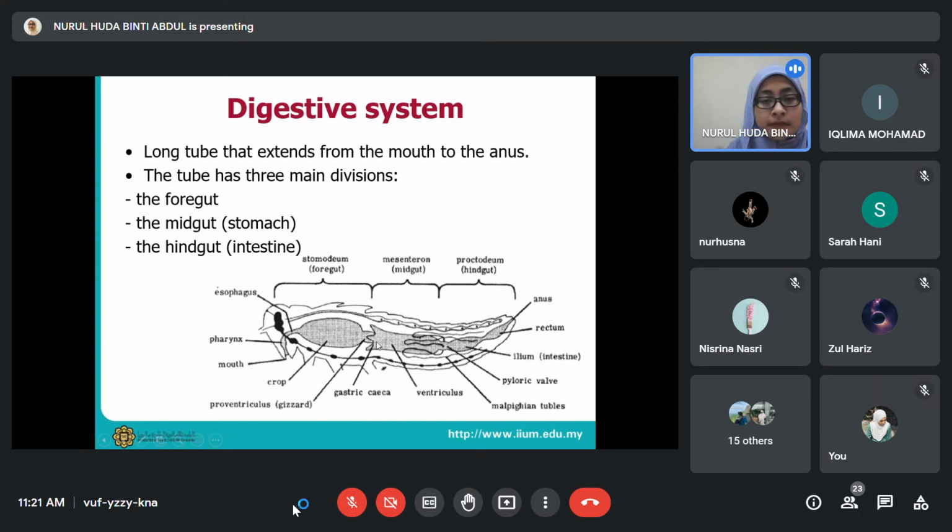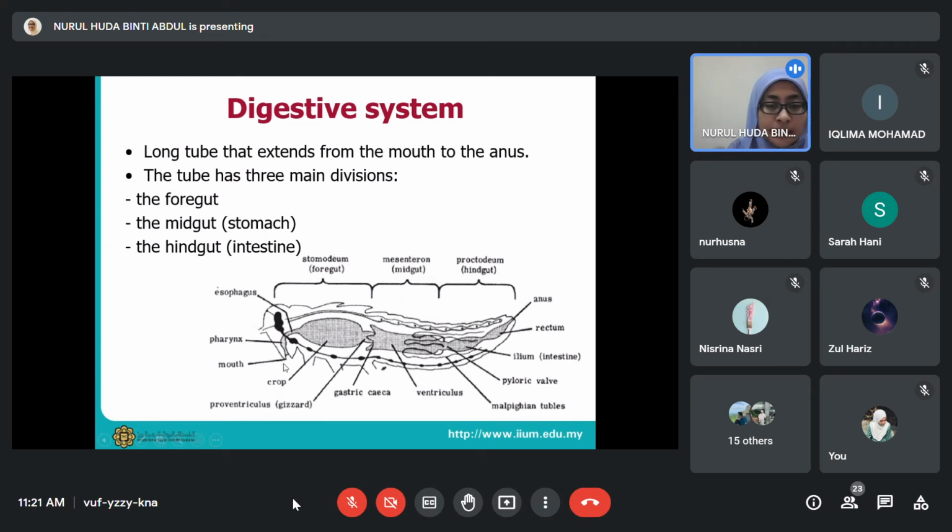Okay, so here usually in crop, dari makanan yang besar tu dia akan melalui what we call it gizzard, tempat process the food to become a smaller particle.